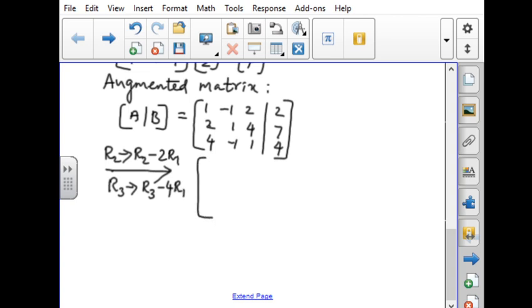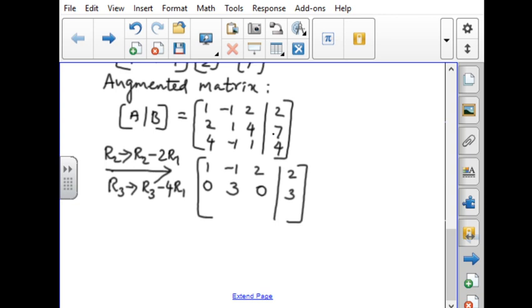So we are getting 1, minus 1, 2 and 2. The first row stays as it is. Second row: 2 minus 2 becomes 0, 1 plus 2 becomes 3, 4 minus 4 becomes 0, 7 minus 4 is 3.